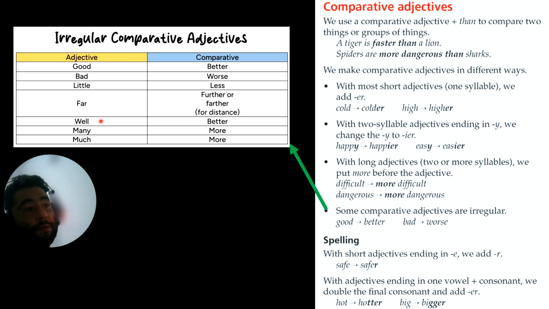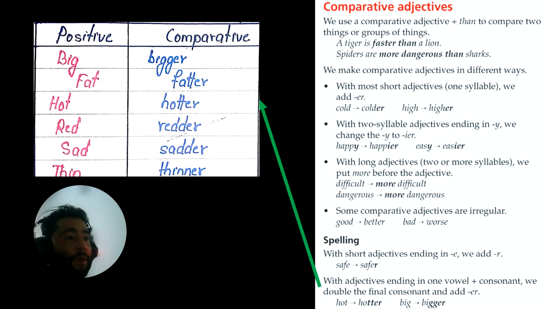As well, we have well, that becomes better, many, more, and much, more. And in the case of the adjectives with double consonant, we have big, fat, we need a double T, red, we need a double D, sad, we need a double D as well, and thin, we need a double N.